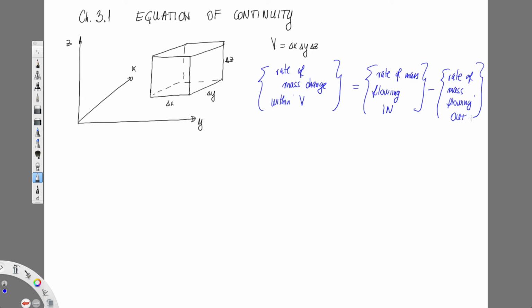So let's look at two opposite sides, and then everything else will be the same. If I look at this side and this side, this side here has a normal delta x, and this side here has a normal minus delta x, and I'm drawing an inward pointing normal.